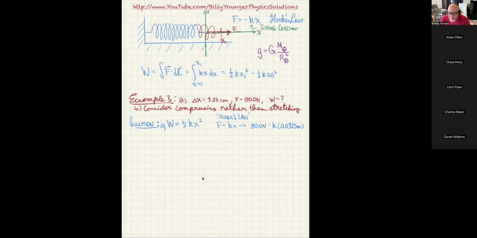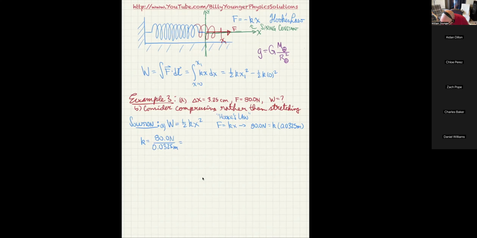Then they'll ask you something like, what's the work done? That means we know that you have k now, so let's figure that out. So k is going to be 80.0 newtons divided by 0.0325 meters, and you can see that the units for k are newtons per meter.